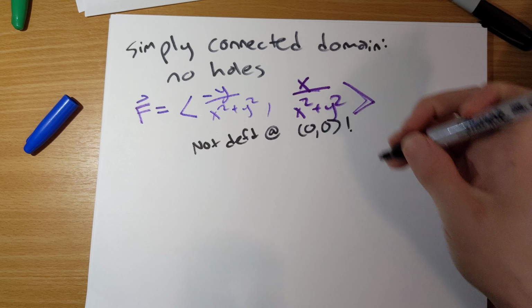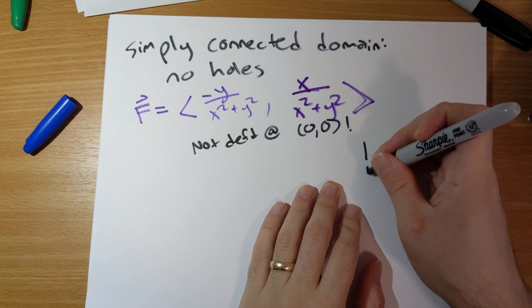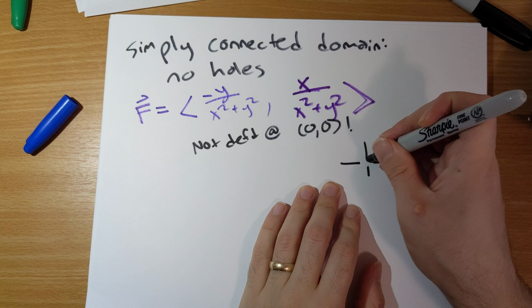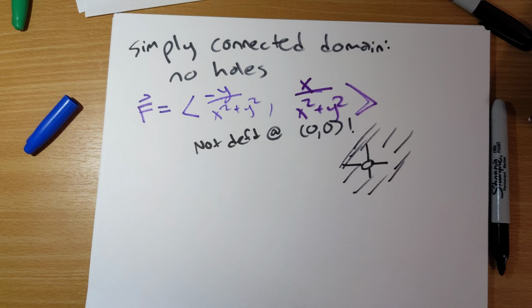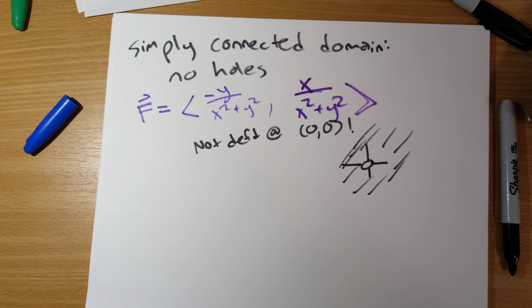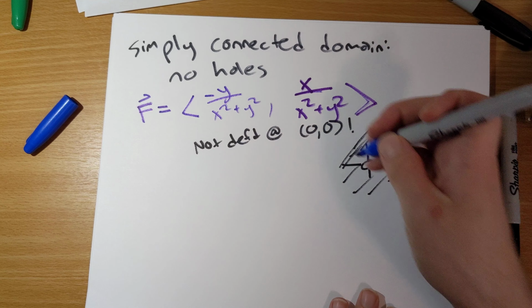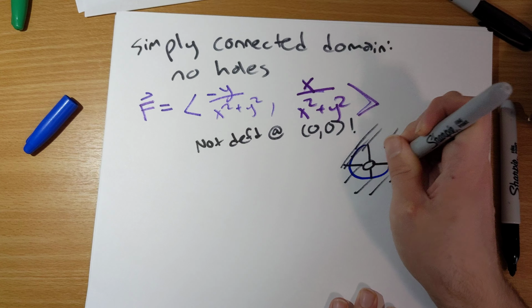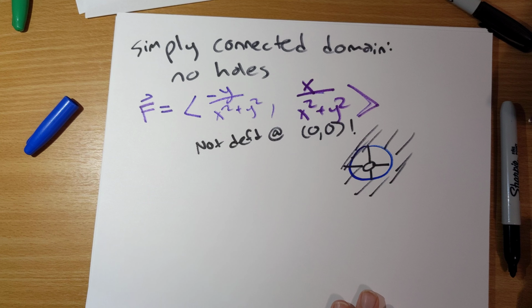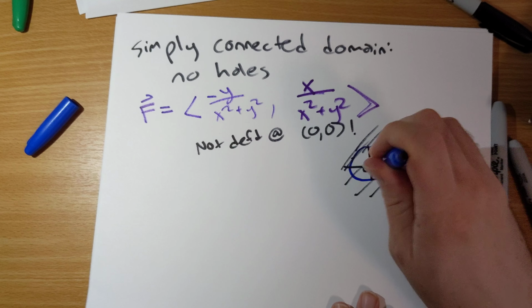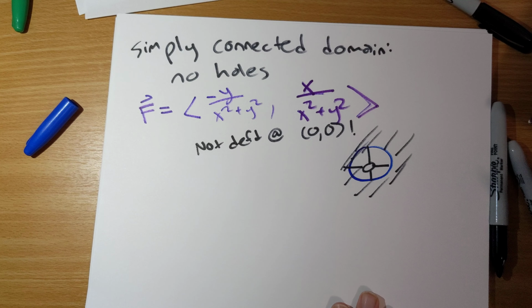So in our domain here, this is defined everywhere other than at the origin. And so when we integrate over the closed loop, this is not a simply connected domain because there's a hole in the middle, and we can't just shrink that down to a single point.